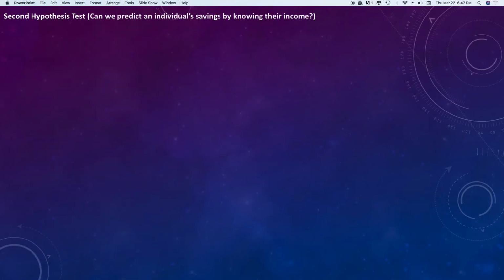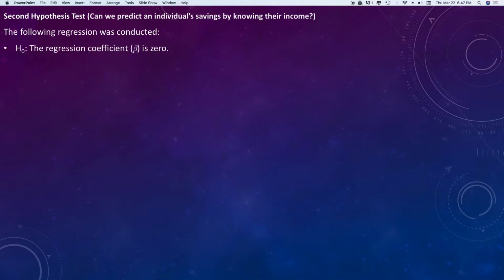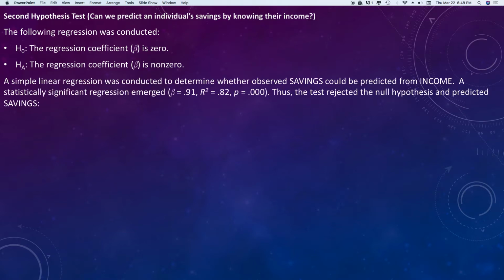So for our second test, can we predict an individual's savings by knowing their income? So again, the following regression was conducted. Our same null hypothesis that the regression coefficient is 0. Our alternative will be that the regression coefficient is non-zero. And here's our result.